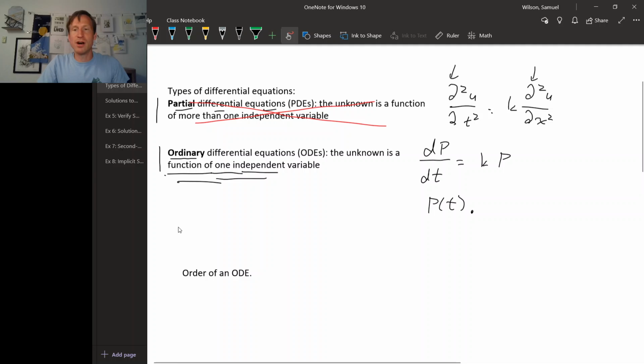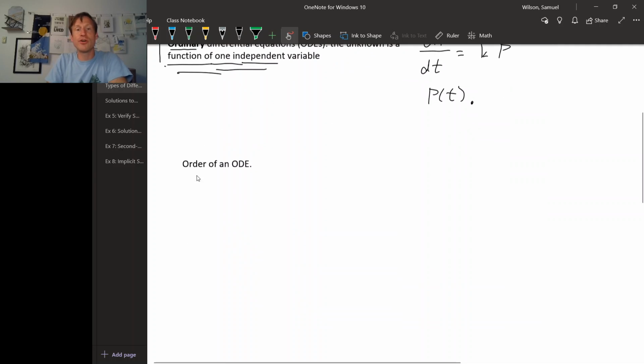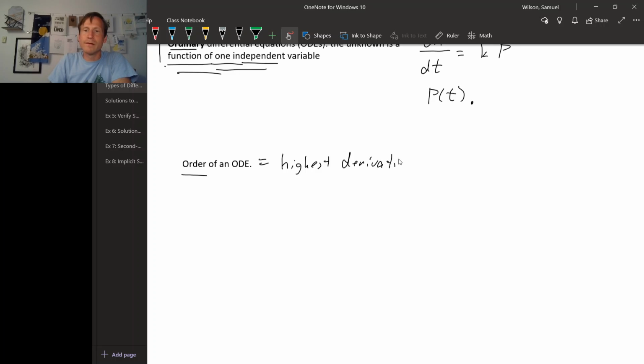One major feature of a differential equation is the order of the differential equation. And the order of a differential equation is just the highest derivative that appears in the equation.